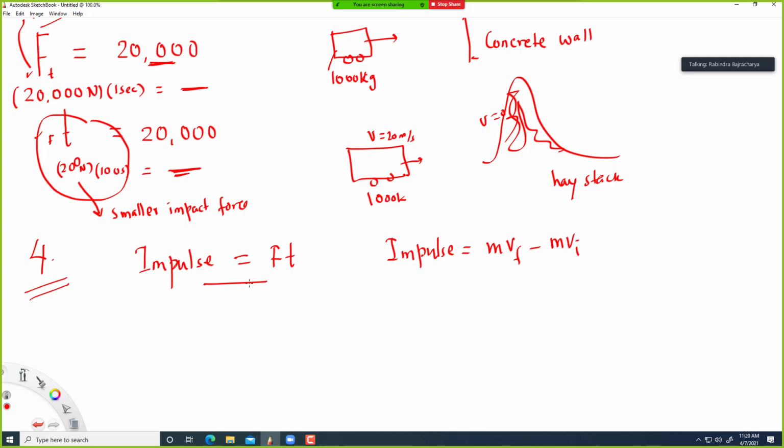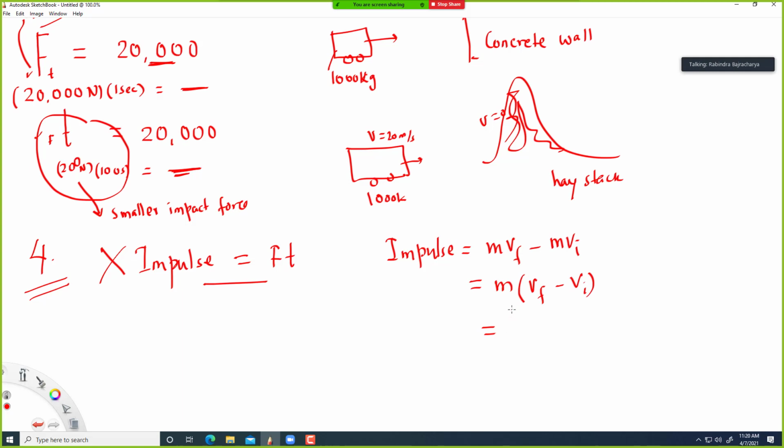We don't have force or time, so we cannot use this one. That means we need to use this one. So mass of the ball, I can take this mass outside the parenthesis because it's the same for both the terms. So m(v final minus v initial). What's the mass of the ball?